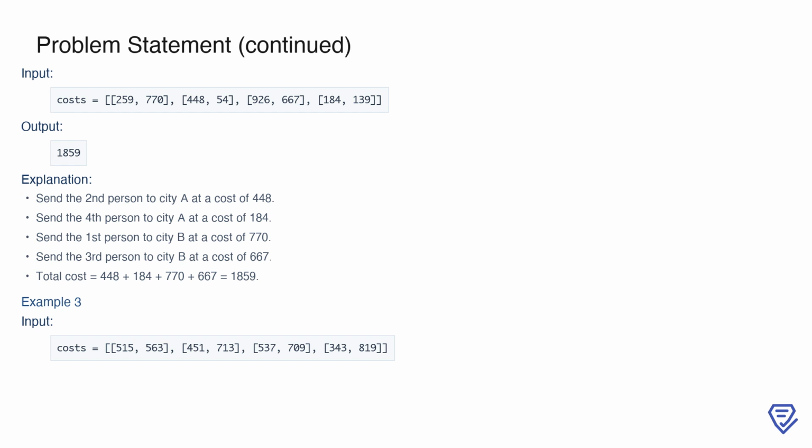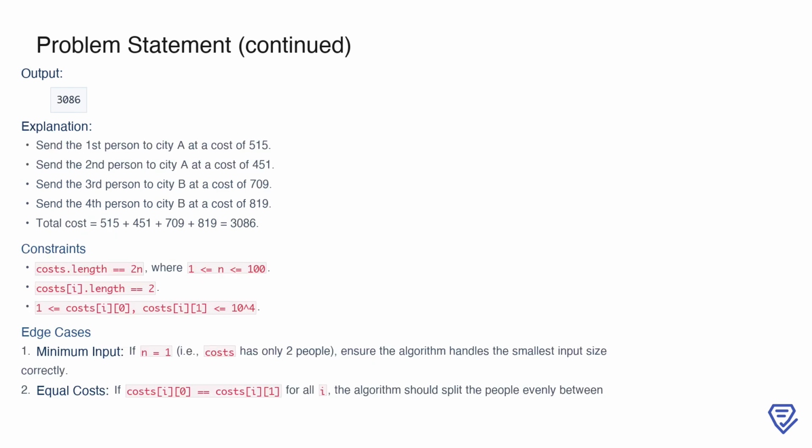Meanwhile, the first person is sent to city B for 770, and the third person is sent to city B for 667. Adding these costs together results in a total of 1859, which is the smallest possible total cost for this group. This example reinforces the importance of carefully considering the cost differences between sending each person to city A versus city B. Here's one more example to illustrate the concept.